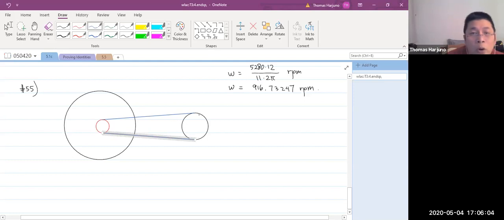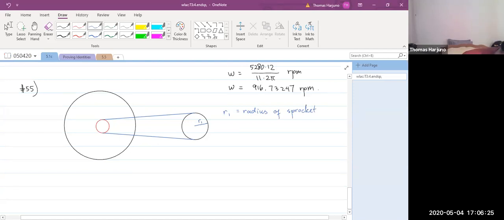Now we call this the sprocket here. Call this R1. R1 is the radius of sprocket 1.